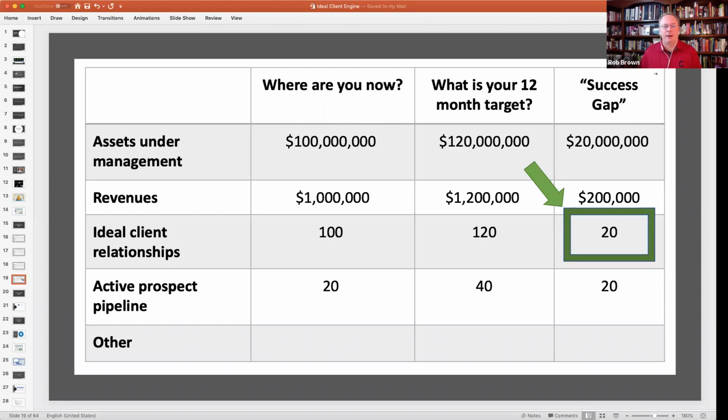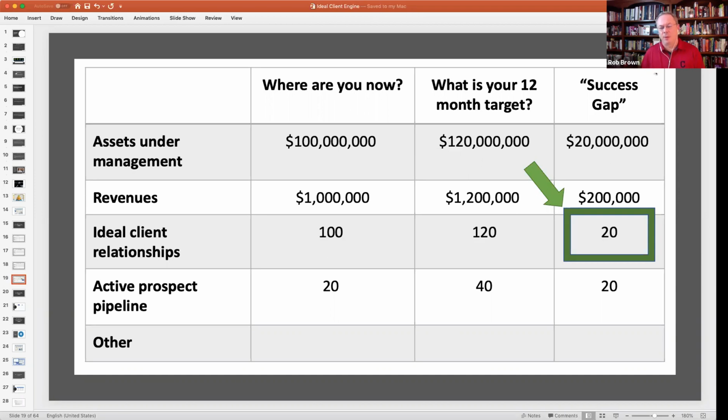Here is an example of a completed KPI chart. In this case, the advisor basically wants to move from $100 million in AUM to $120 million. That's a $20 million success gap. And we know based on how this advisor defines his ideal client relationships, that it will take an addition of 20 new ideal clients to get there.